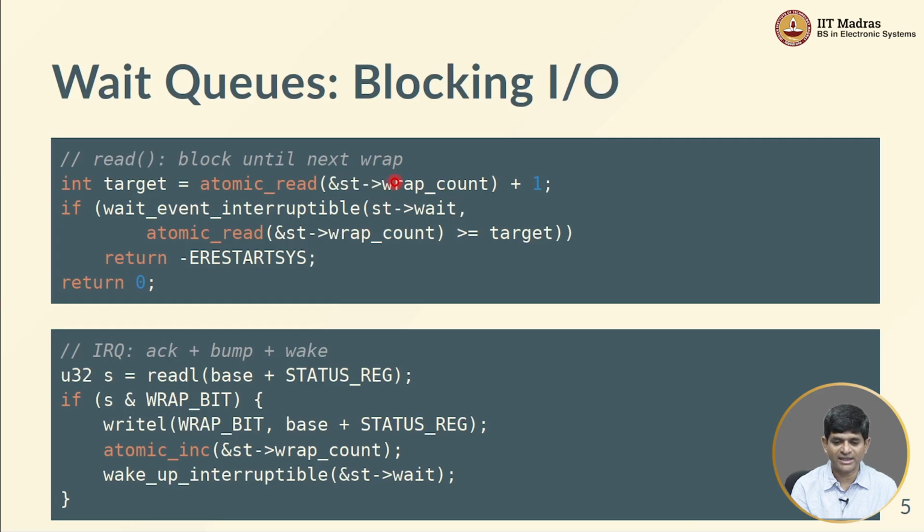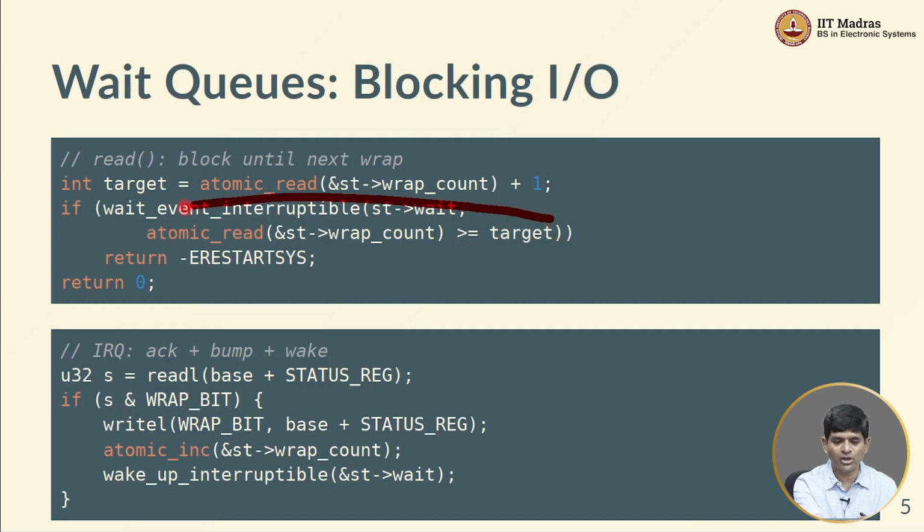So the kernel will be able to wait on this particular condition. It waits for something to happen, and then when there is an event on this st_wait, it performs this operation. It reads from wrap count and checks whether it is greater than or equal to some target value.